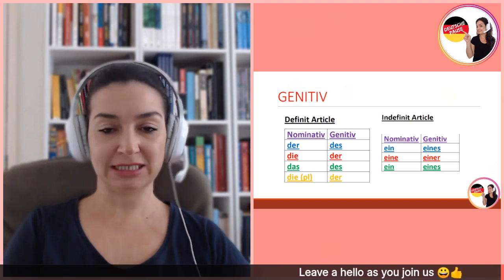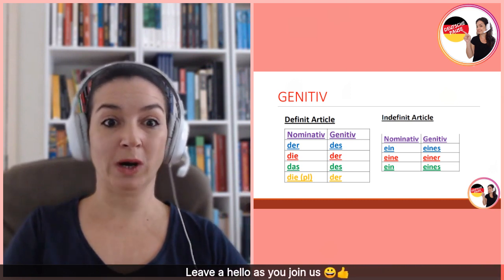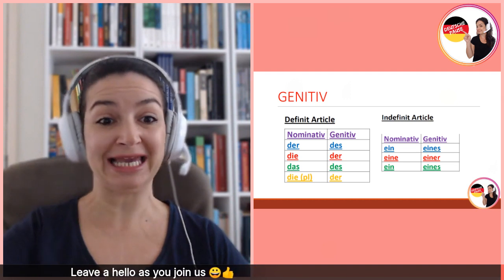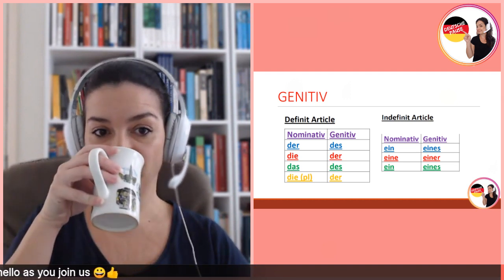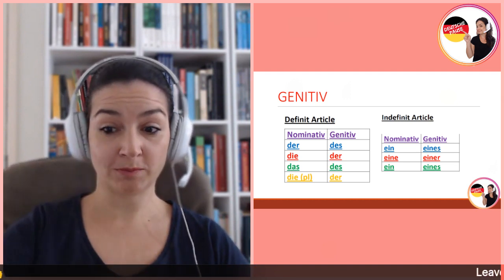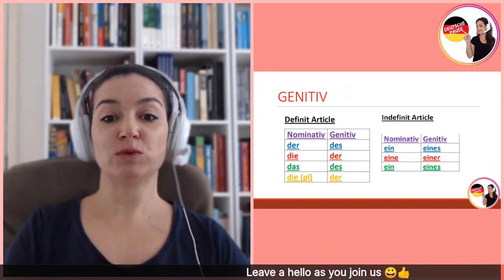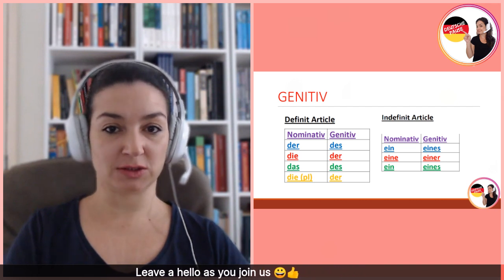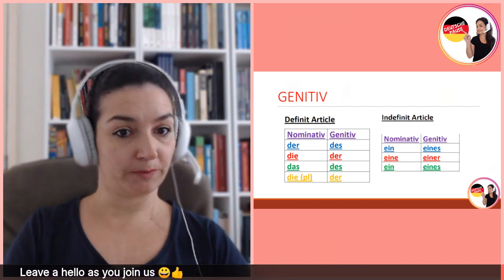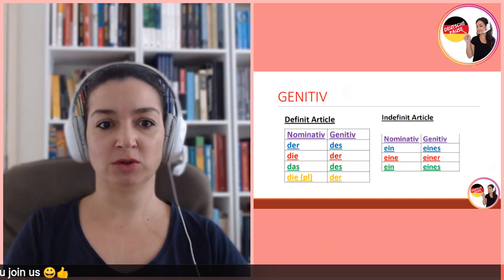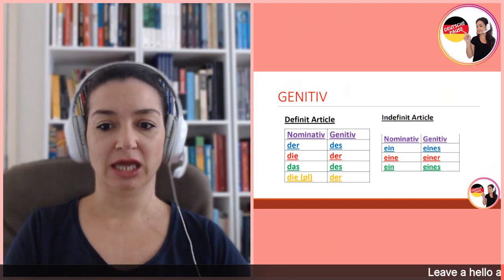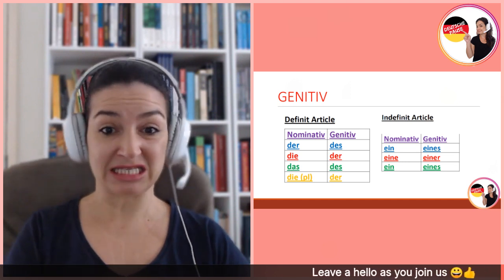And as you can see, the plural is not here. Why is that? Do you have any idea? It is because we don't have an indefinite article in the plural. Just like in English, you don't have like a houses. It doesn't make any sense, does it?